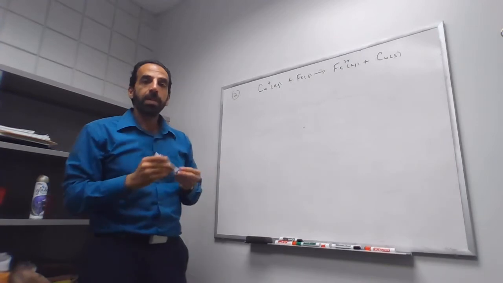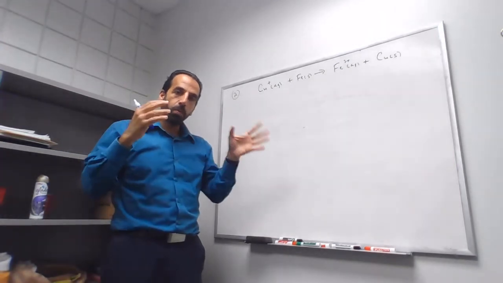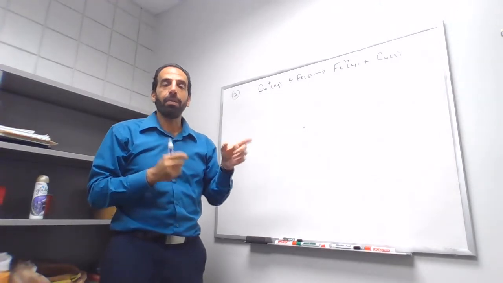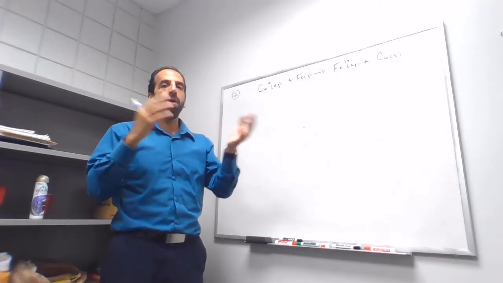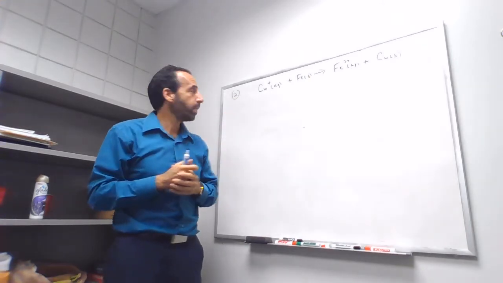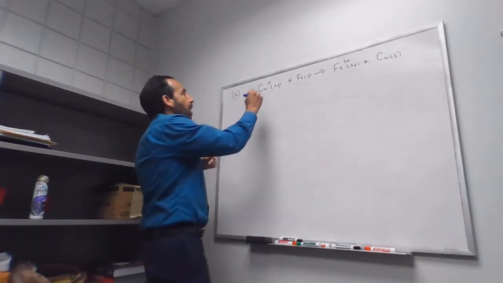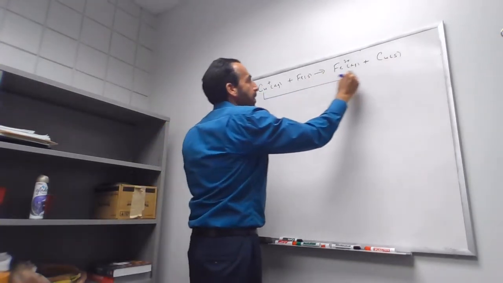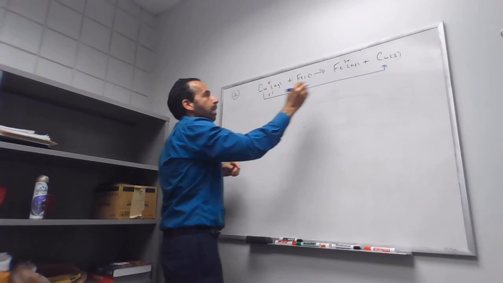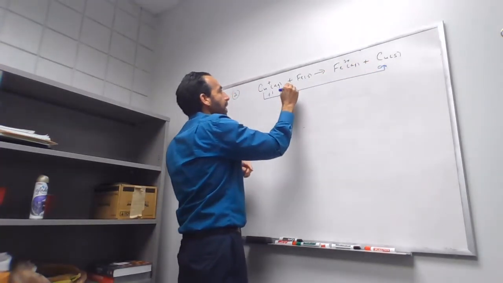So let's continue with this. Now a couple of things: in these 2 reactions that we just did, I haven't had oxygens in there. When we start balancing the oxygens, we're going to have to start adding water, etc. So we'll do that for the final 2 redox reactions. In this case right here, this is the half reaction. I go from Cu positive 1 to 0, and that's actually reduction.